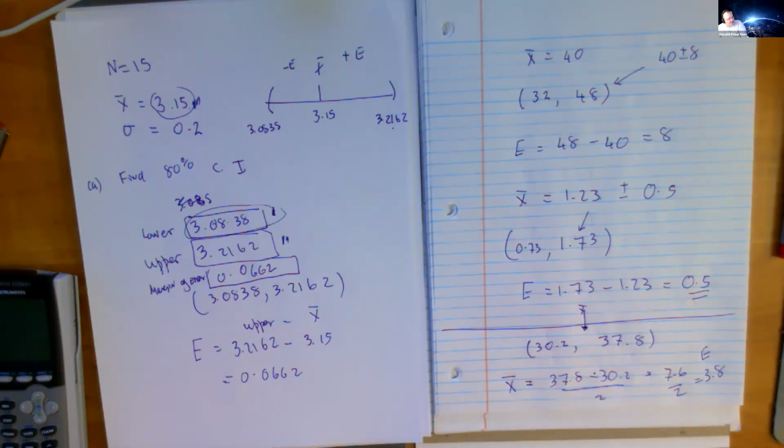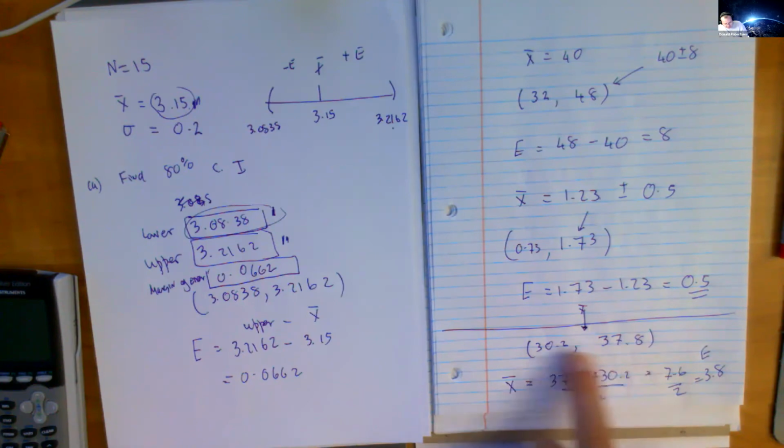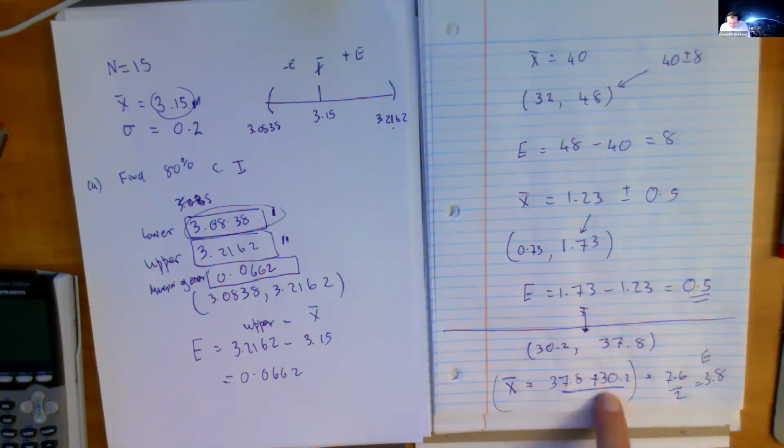So let me ask you the next question, since you're the one that answered that one, you should finish. How would we calculate X bar now? You would add them and divide by 2. Have you noticed that the two calculations are very similar, but they generate totally different results? So if you know an interval and you add the ends together and halve it, that's going to get you X bar.